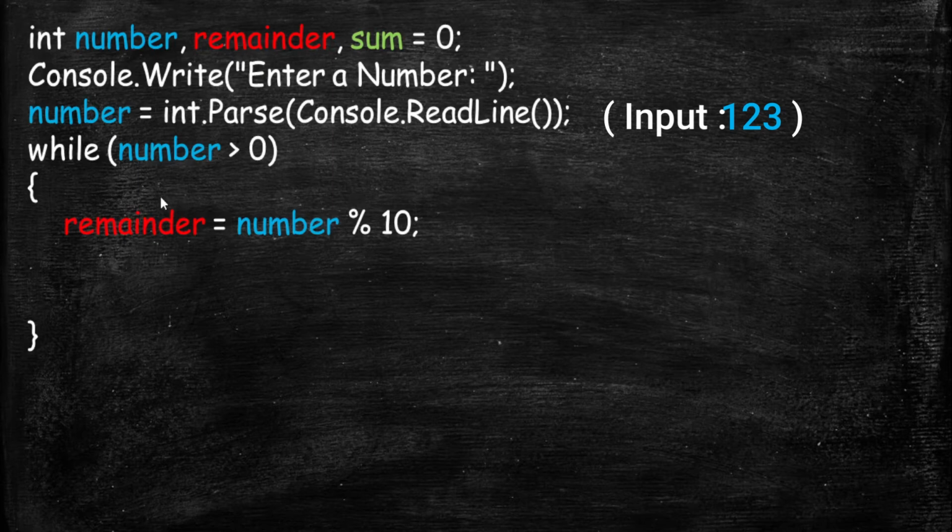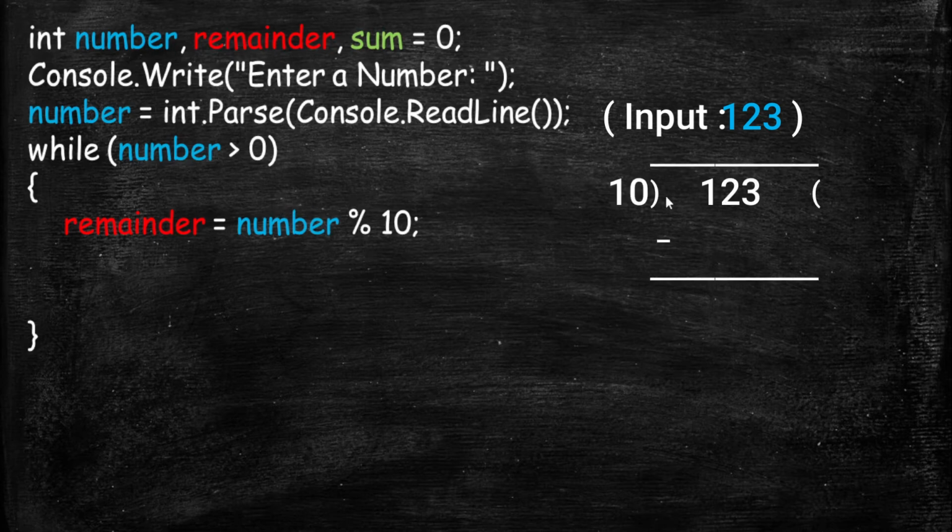So what we are doing here is dividing the number 123 by 10. If we divide 123 by 10, 10 multiplied by 12 gives us 120, and you can see we get the remainder 3 here. So our remainder will become 3.